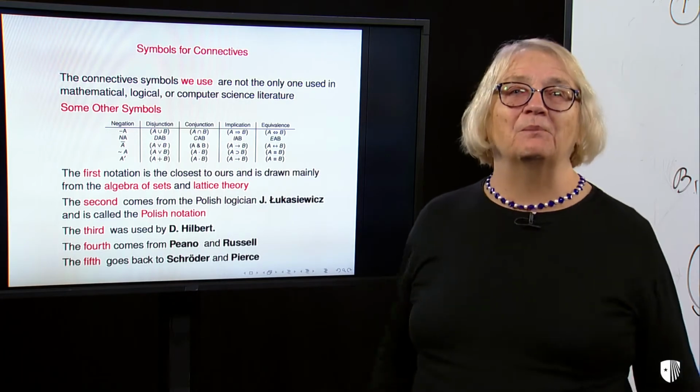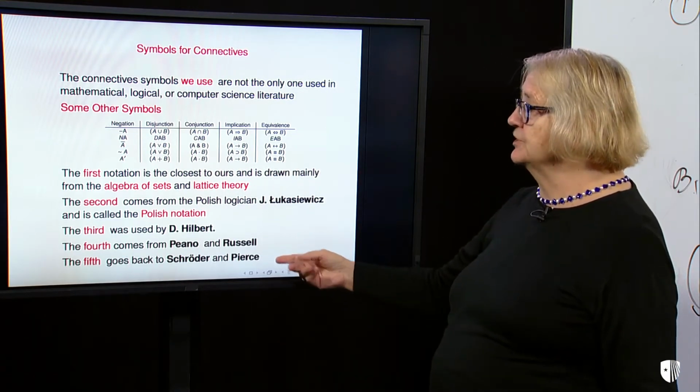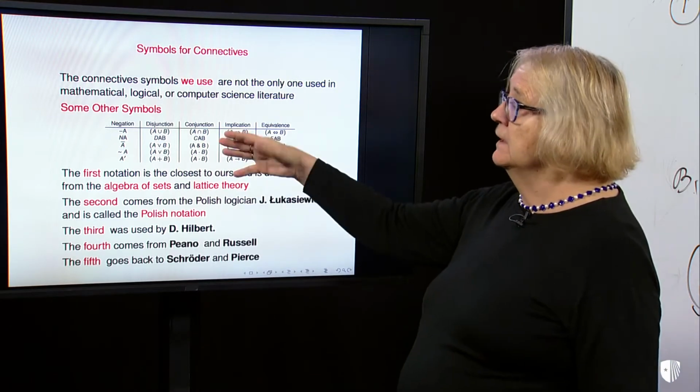So you have Polish notation, and of course Hilbert, Peano, Russell, Schroeder, Peirce. So there are different notations.